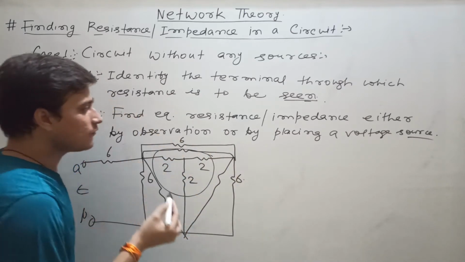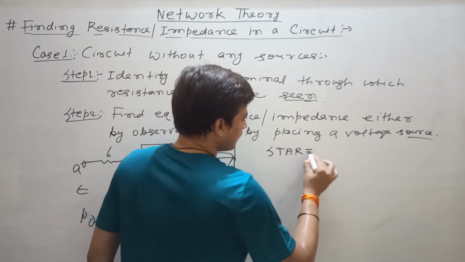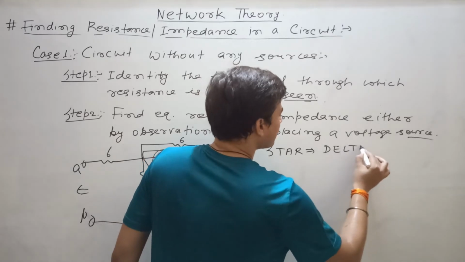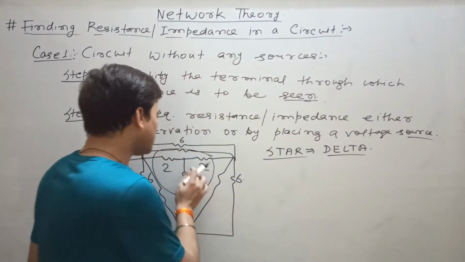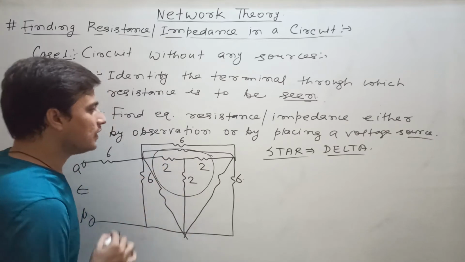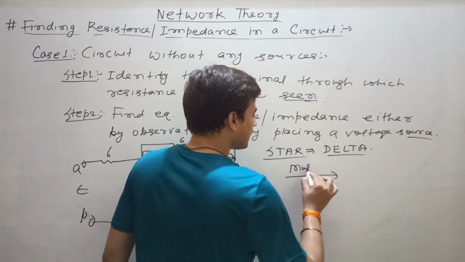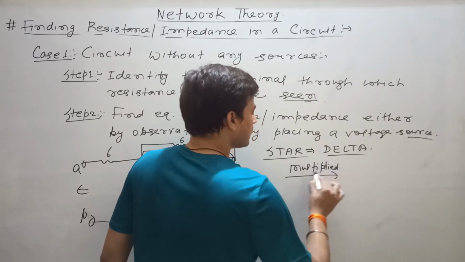Now if you are going from star to delta, remember this point, very important point. If you are going from star to delta, so what happens? If all the three resistances are equal, then the resistance will be multiplied by 3. Clear?